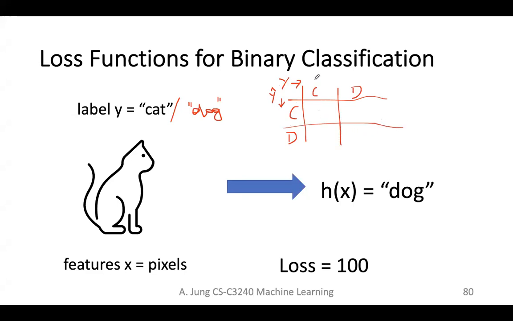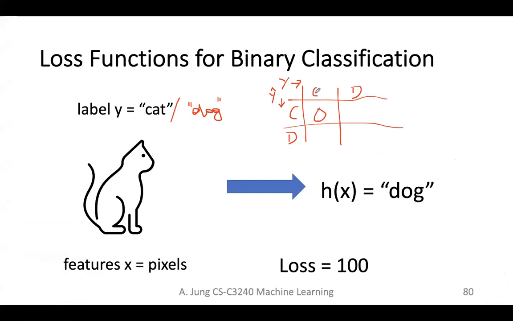So let's say if the true label is cat and the predicted label is cat, would we like to have a large loss or a small loss? Small, yes, because we call this a correct classification or a correct prediction. So small.